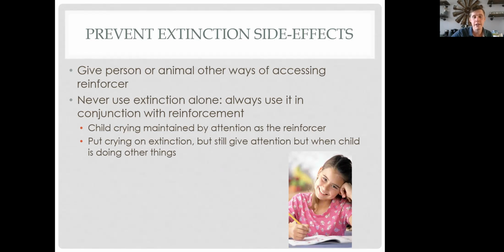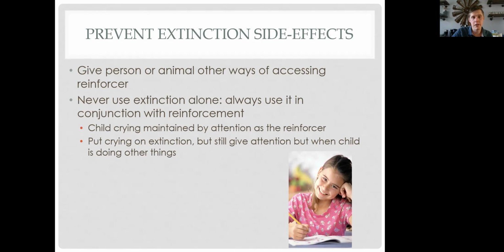If the reinforcer is attention, for example your child is crying for attention, then the appropriate way to put that under extinction would be to, before you start that, train or teach your child to request, can I have your attention, please? Or can I ask you a question, please? In an appropriate way so that they can learn to get your attention through an alternative way while you put the other one on extinction. And that will significantly reduce the types of extinction burst responding that we see.